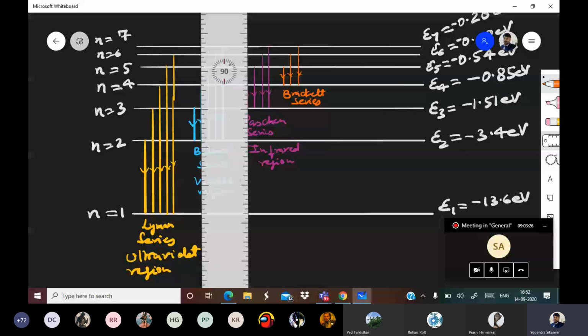This is also in the infrared region because its energy will also be small.